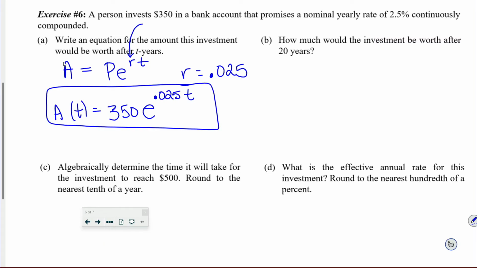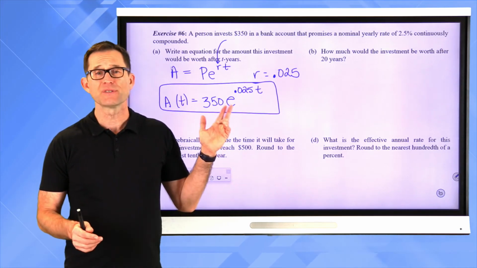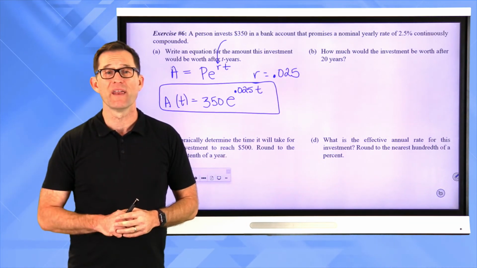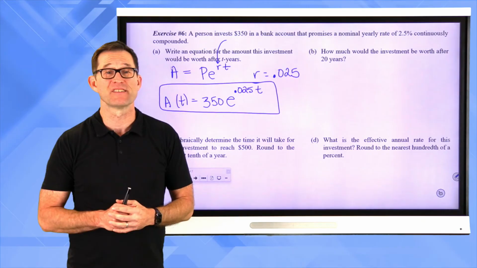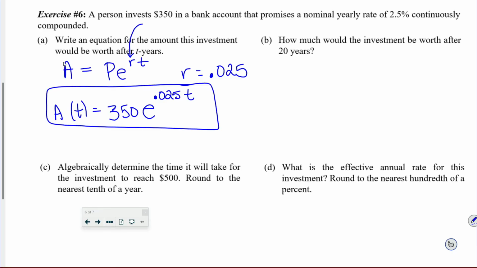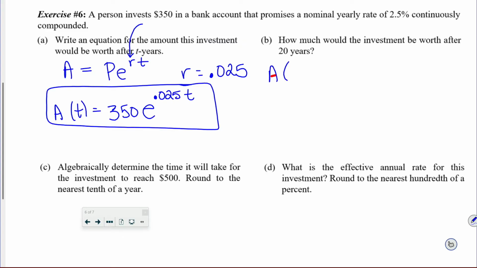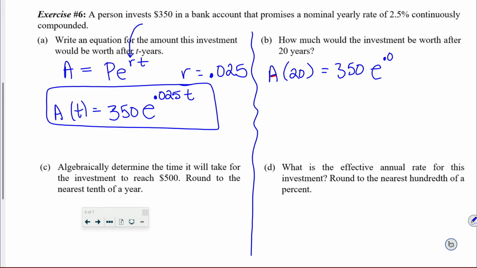How much would the investment be worth after 20 years? Well, that should be pretty easy. You just need to evaluate this function when t is equal to 20. Why don't you go ahead and do that now? Take a couple minutes or a couple seconds to do that. All right, so we're just looking for A of 20. That would be 350 times e to the 0.025 times 20.